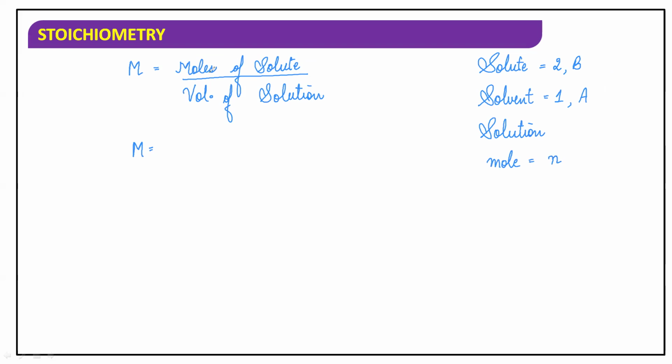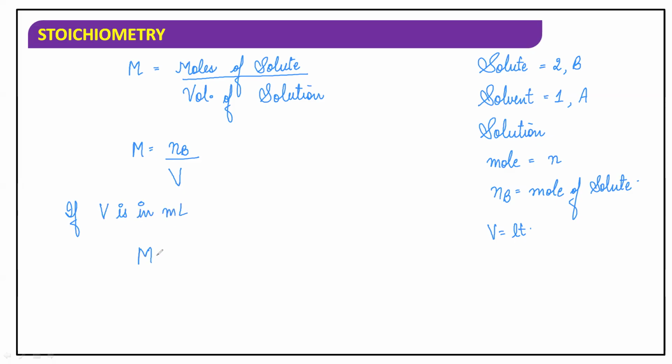So the formula says moles of solute, so can I write small nB? It means nB is moles of solute. So in the formula I'm writing it as nB divided by volume, right? So your volume should be in liters. Note this: if volume is in milliliters, then you can use the same formula, but you have to multiply it by 1000.